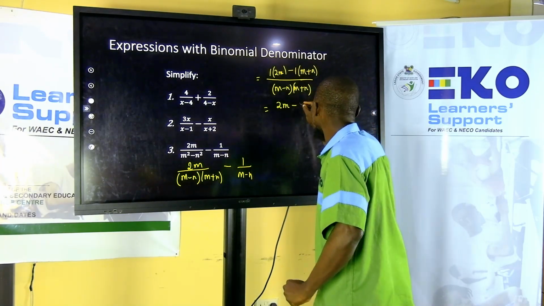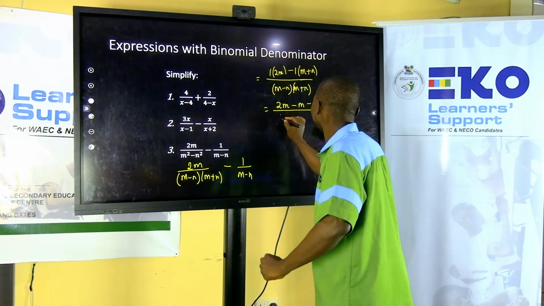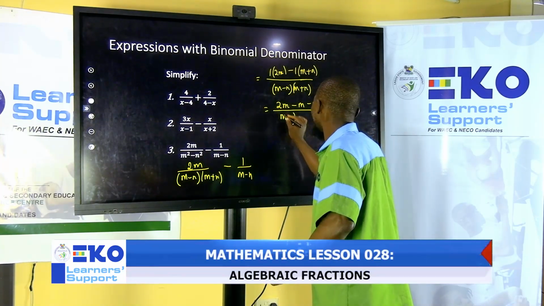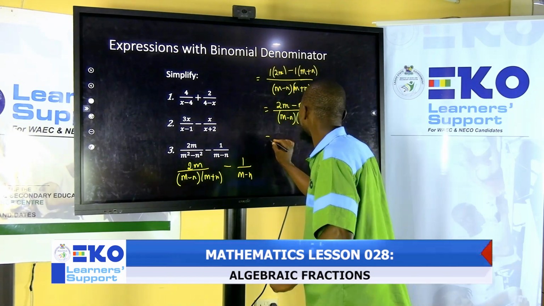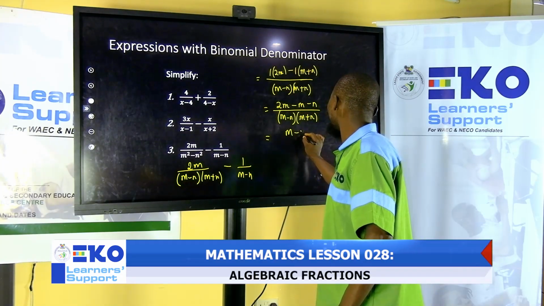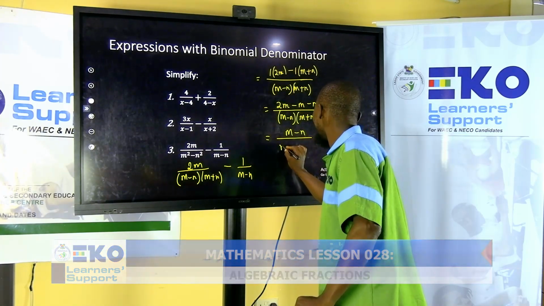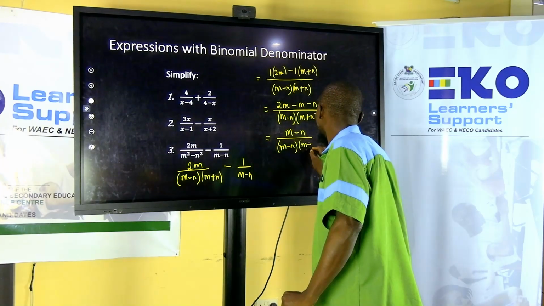All right? Minus m minus n over m minus n, m plus n. Okay? So in that case, we have 2m minus m is what? M minus n over m minus n, m plus n.